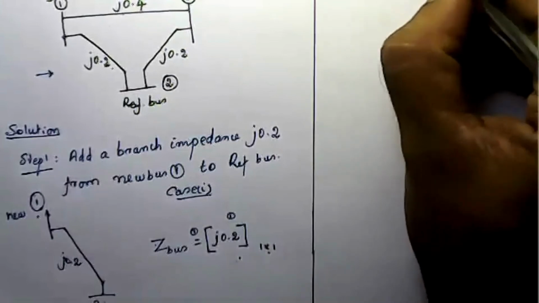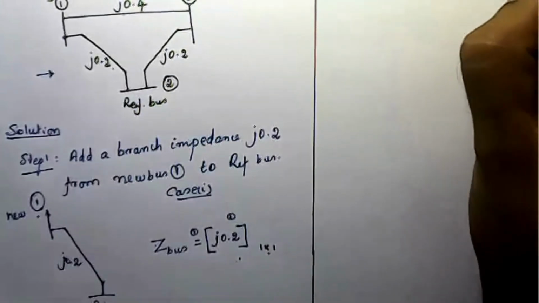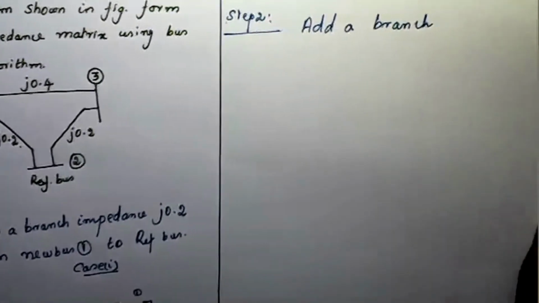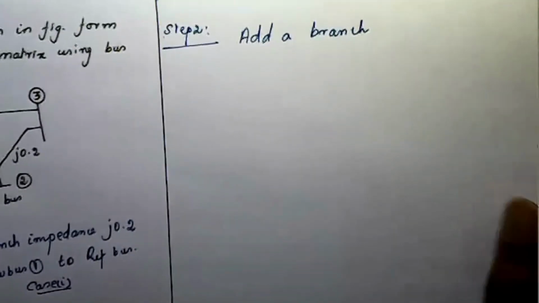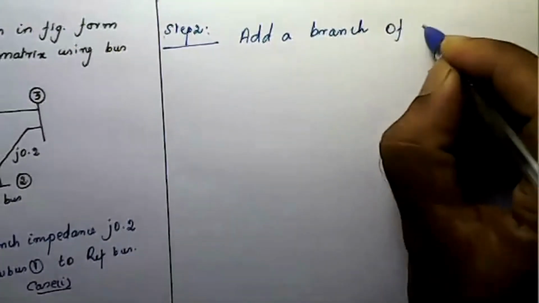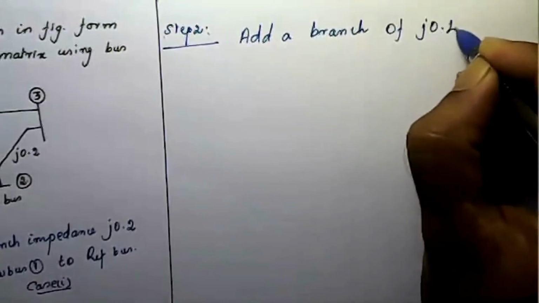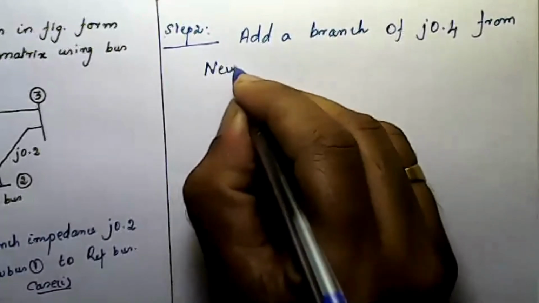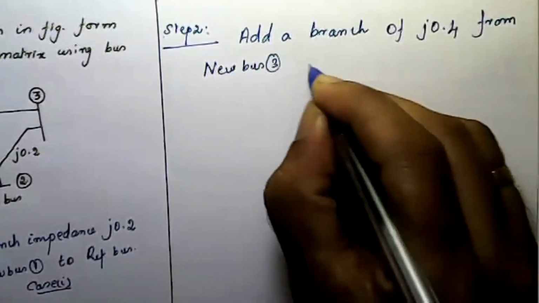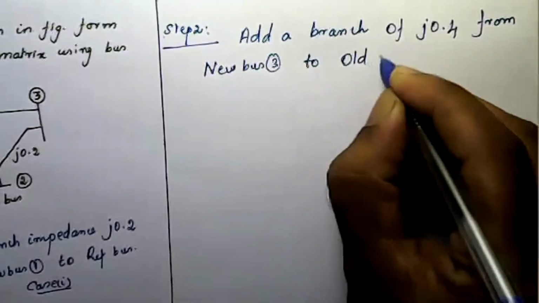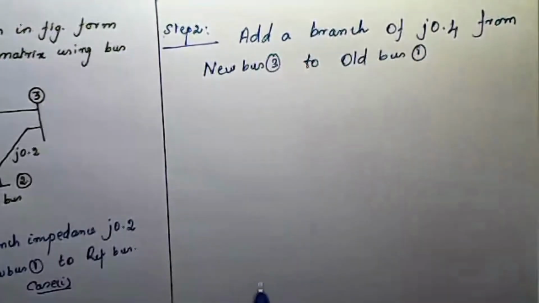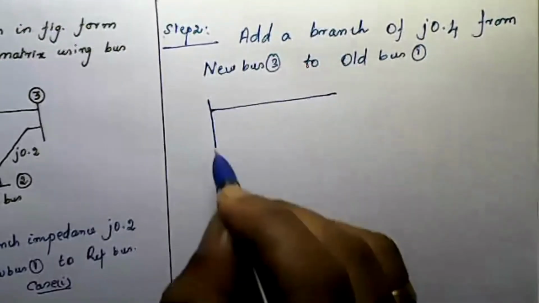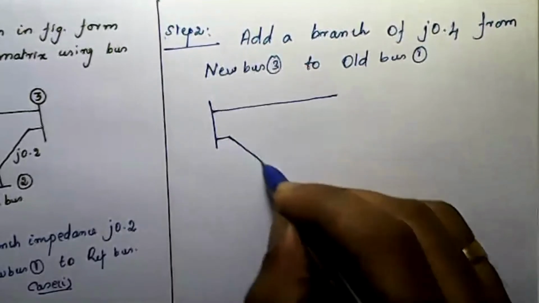That is, add a branch of J0.4 from new bus 3 to old bus 1. I draw the equivalent circuit for this step.